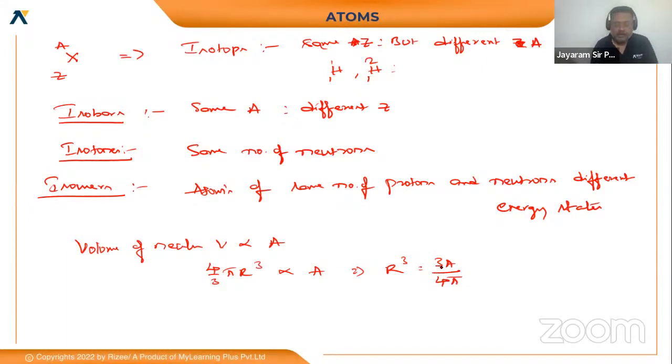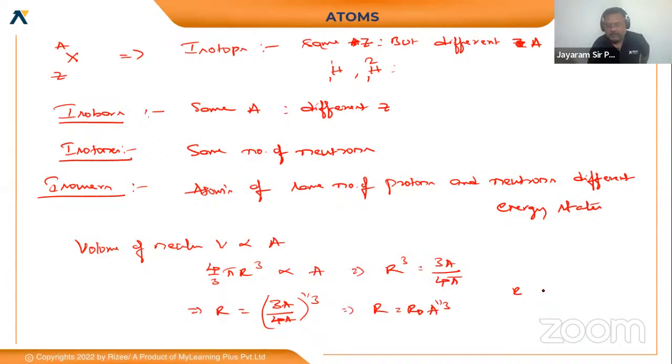So R is equal to (3A by 4 pi) whole to the power of 1 by 3, and from this R is equal to R naught into A to the power of 1 by 3.